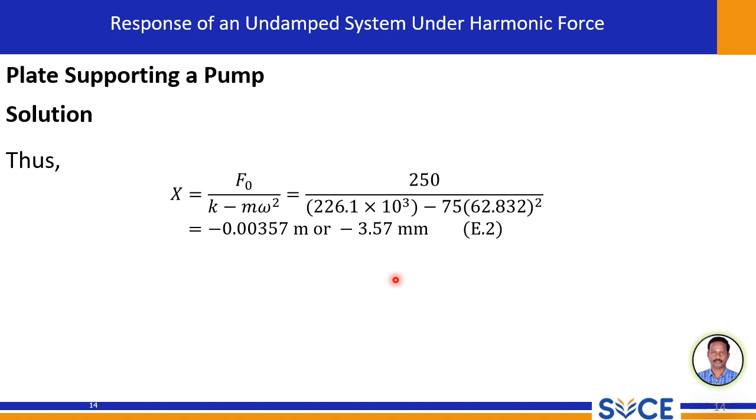In terms of amplitude of vibration, we are interested in the magnitude value only, that is, 3.57 millimeters. Therefore, the amplitude of vibration of the plate supporting the pump is 3.57 millimeters. This completes the solution to our problem.